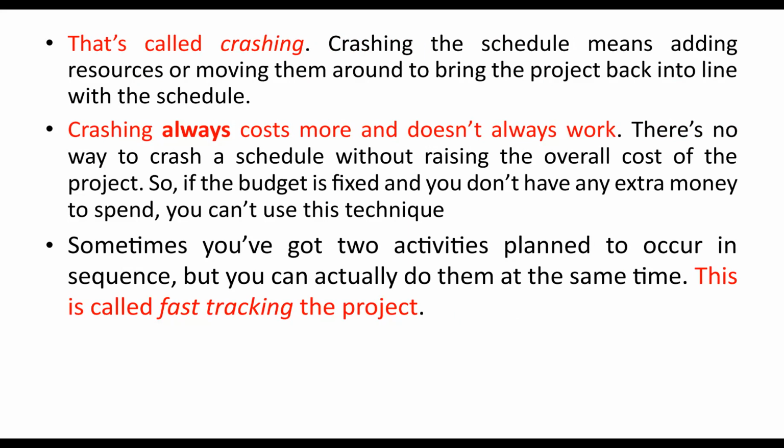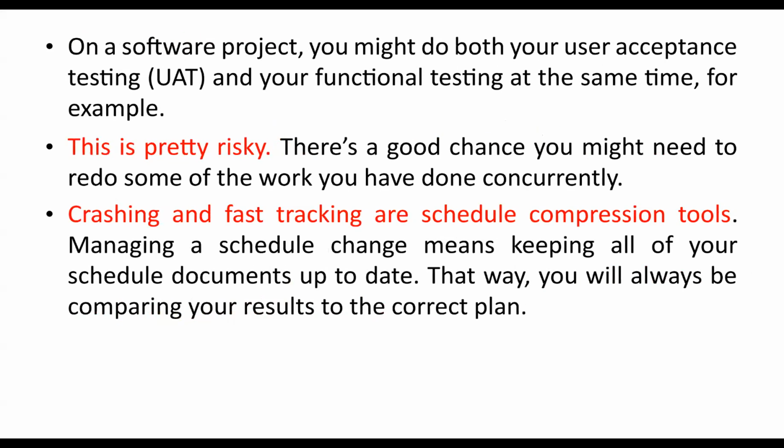So if the budget is fixed and you don't have any extra money to spend, you can't use this technique. Sometimes you have two activities planned to occur in sequence, but you can actually do them at the same time. This is called fast tracking the project. It simply means doing two activities that could follow each other at the same time.